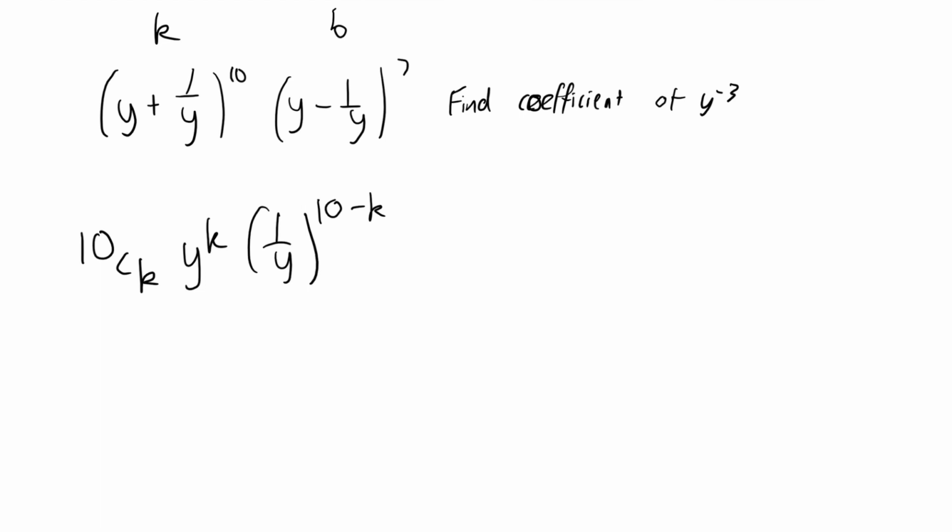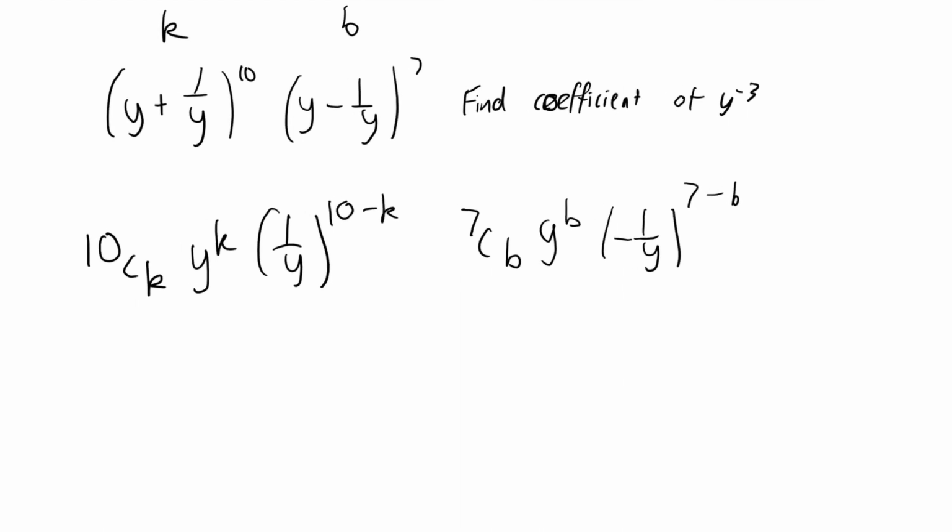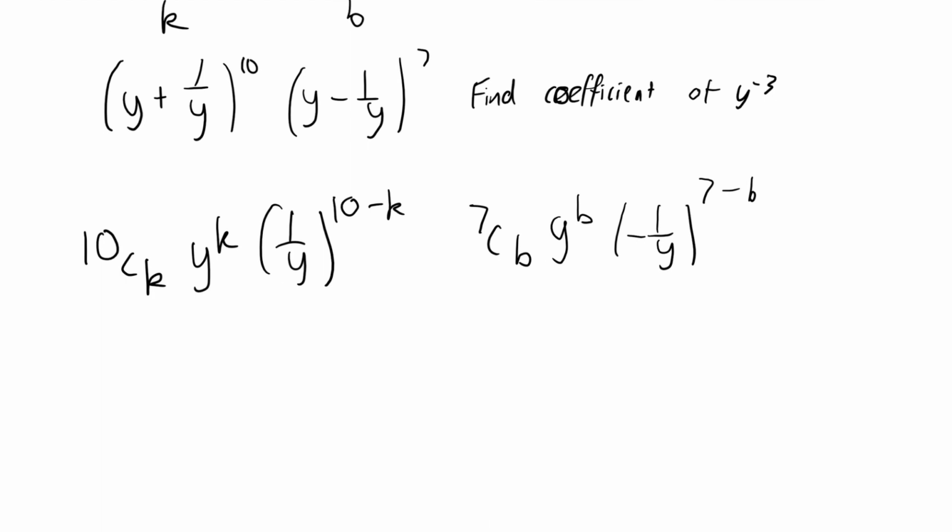And then for this term here, since the degree is 7, as you can see here, 7 choose b, times the first term here, y to the b, times minus 1 on y to the 7 minus b.